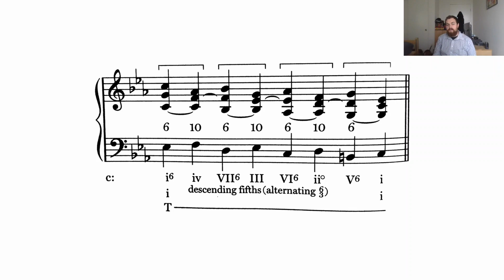Notice that they've tied over the notes that remain the same in between. It really helps show you how these sequences unfold through good voice leading, okay? So this sequence is descending fifths, and each one alternates first inversion triads.